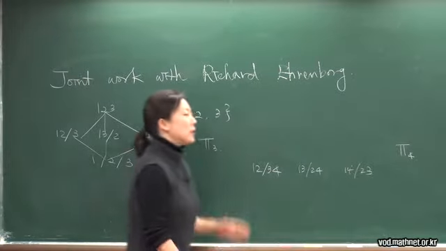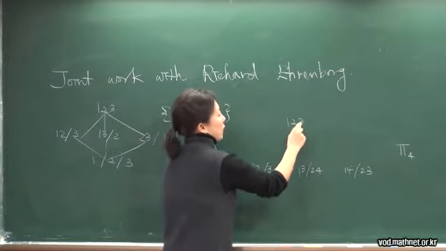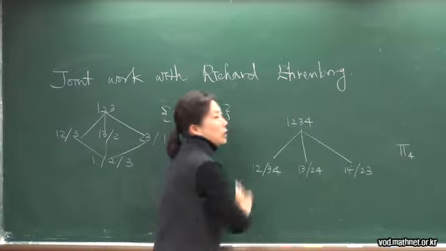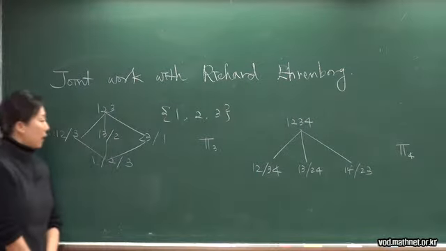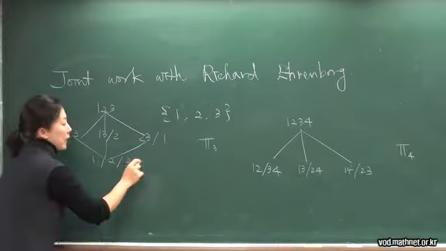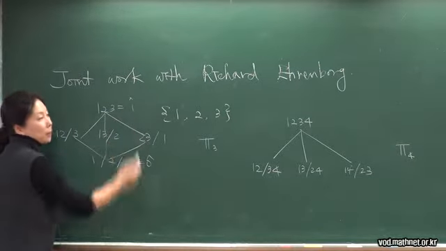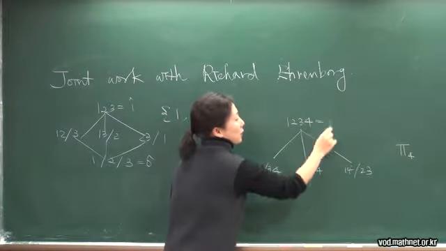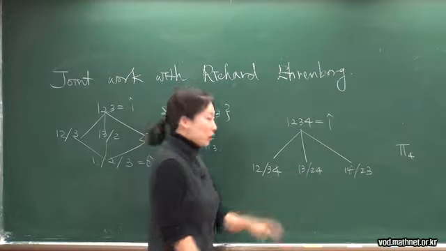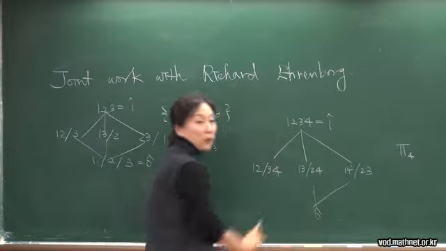You have 3 set partitions with 2 blocks, and 1, 2, 3, 4. You have 1 set partition, and you may give the partial order here. Because you have the unique minimum element, we say this is 0 and this is 1, minimum and maximum. Here you have the maximum, but you don't have the unique minimum element. So if you need, sometimes we may add the minimum element here.